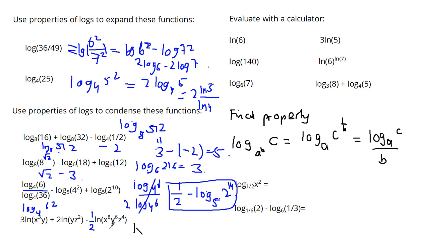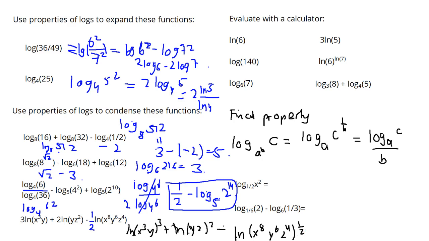You have ln of x cubed y all to the 3rd, plus ln of yz squared all to the 2nd, minus 1/2. Okay, actually, we're going to put the 1/2 in front as well. Minus ln of x^8 y^6 z^4, the 1/2.